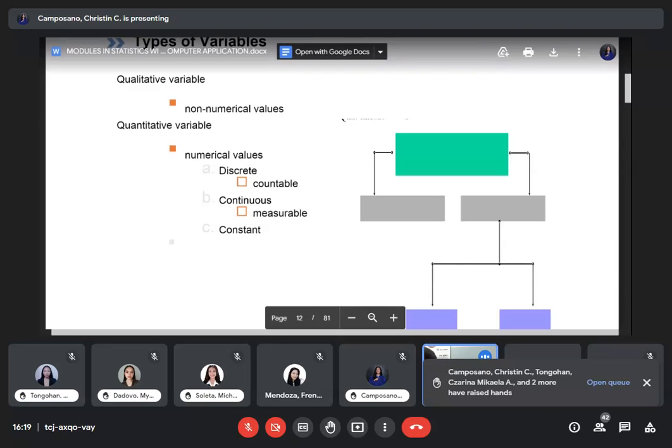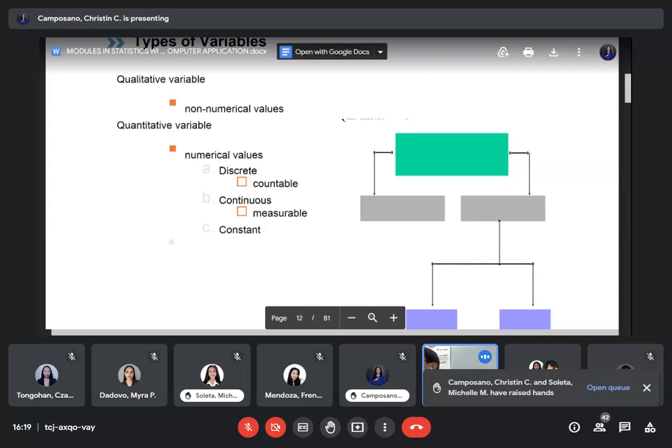Okay, next, what else? Dadovo? Profession, sir. Profession, what else? Camposano, and then Suleta again. State, sir, or country. Okay, or nationality. What else? Suleta, your hand is still raised. Luxury brands, sir.